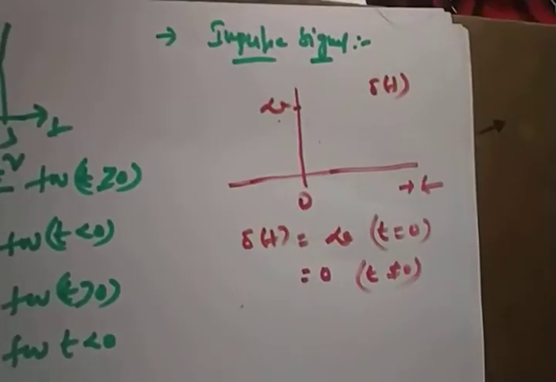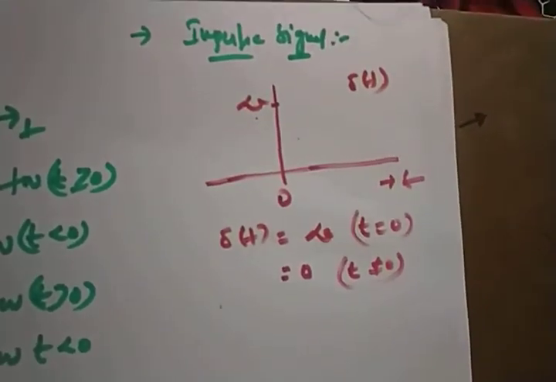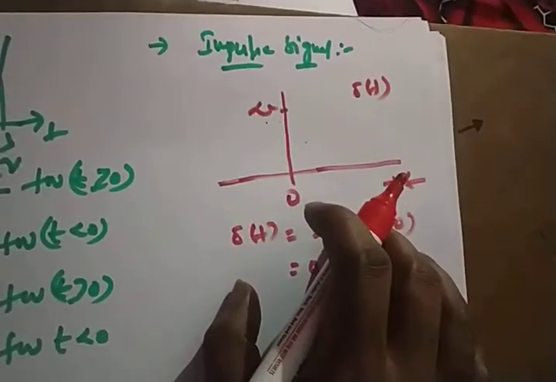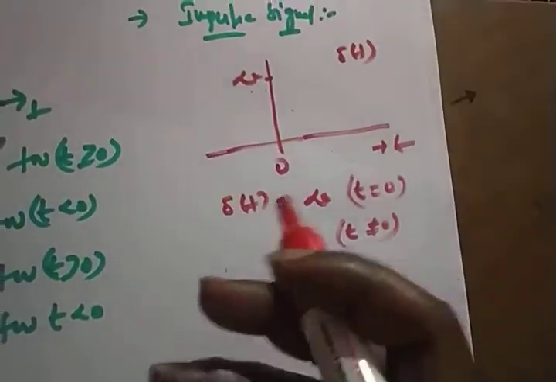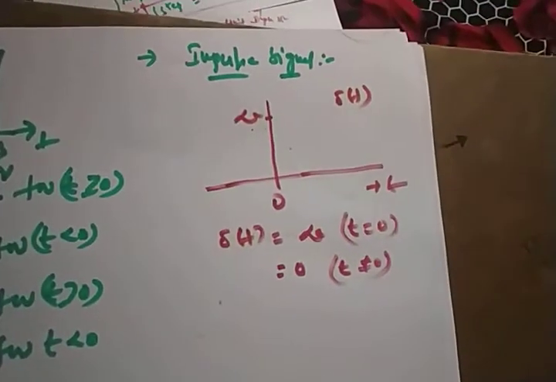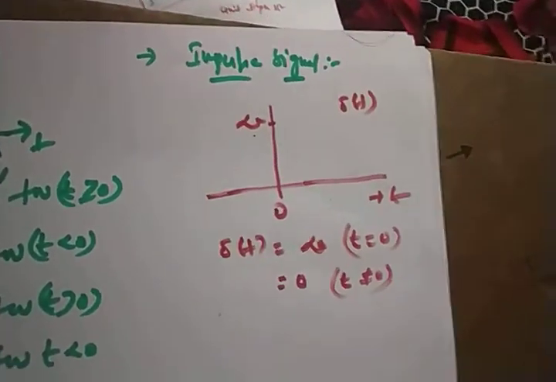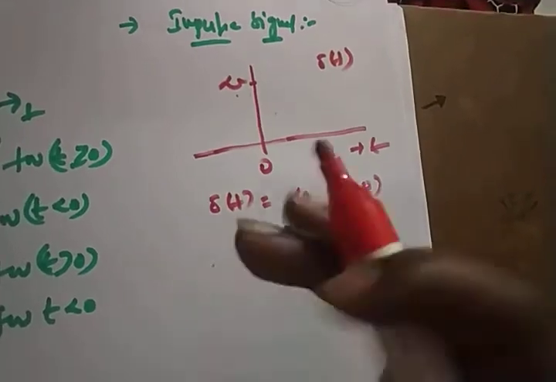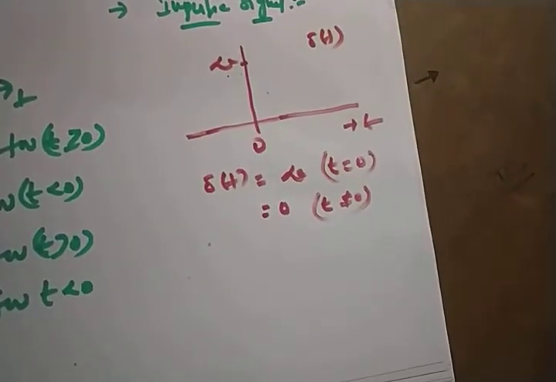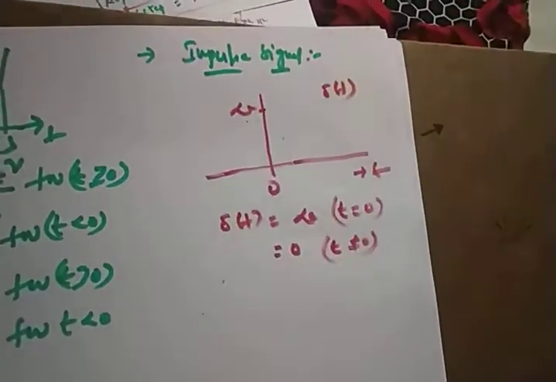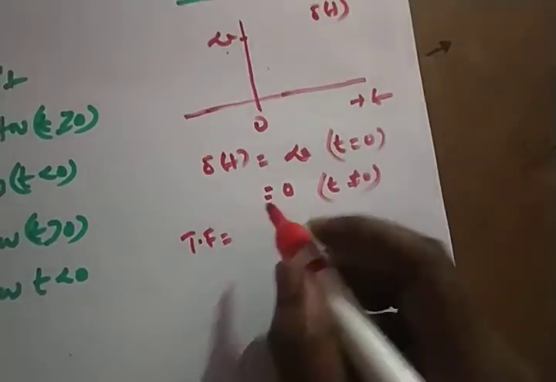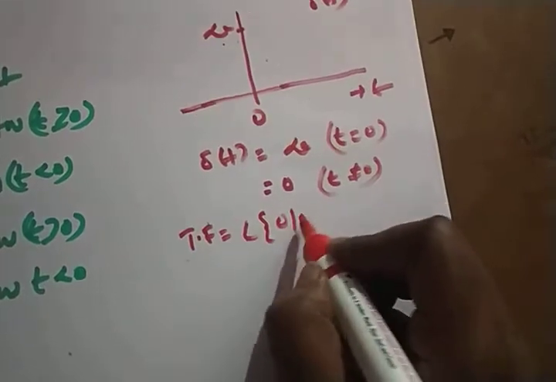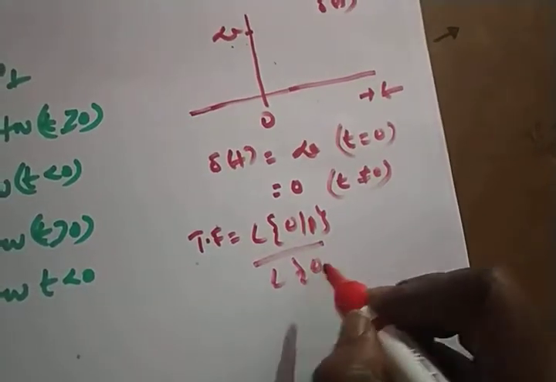It's very difficult to generate this type of impulse signal in our laboratory, because maximum magnitude at 0 time is not possible. But if you have this type of impulse signal in your hand, it is very easy compared to other signals to predict the performance of the system. You know what the transfer function is: the Laplace transform of output by the Laplace transform of input.